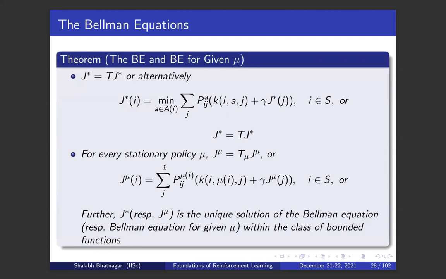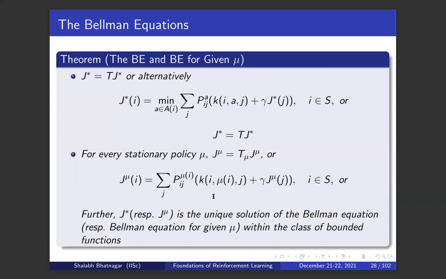And then there is the Bellman equation of optimality in this case as well, which is the unique fixed point of this operator T. And likewise, there is a unique fixed point of this operator T mu, which is the Bellman equation corresponding to a given policy mu.